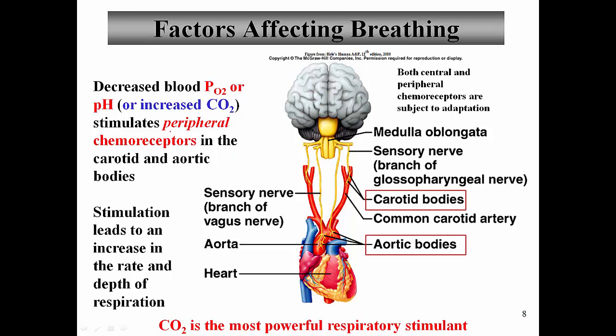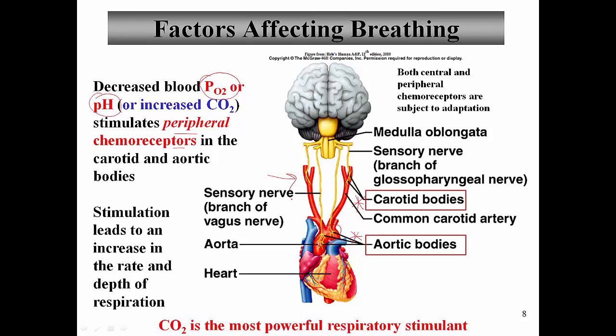The point that we want to make here is that we have peripheral chemoreceptors that can not only respond to concentrations of acid, but can also respond to concentrations of oxygen via PO2. And these are located, as you see in the diagram on the right, in the carotid bodies as well as the aortic bodies. So here and in here as well. We talked, remember, about the locations of baroreceptors in these areas when we talked about regulation of blood pressure.